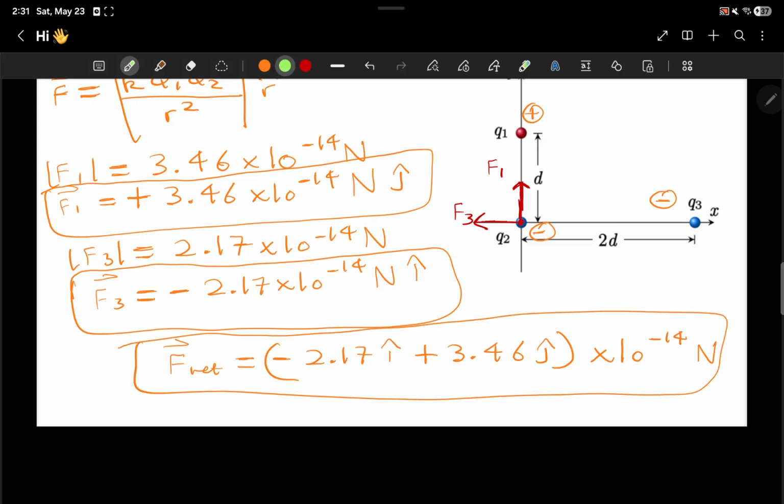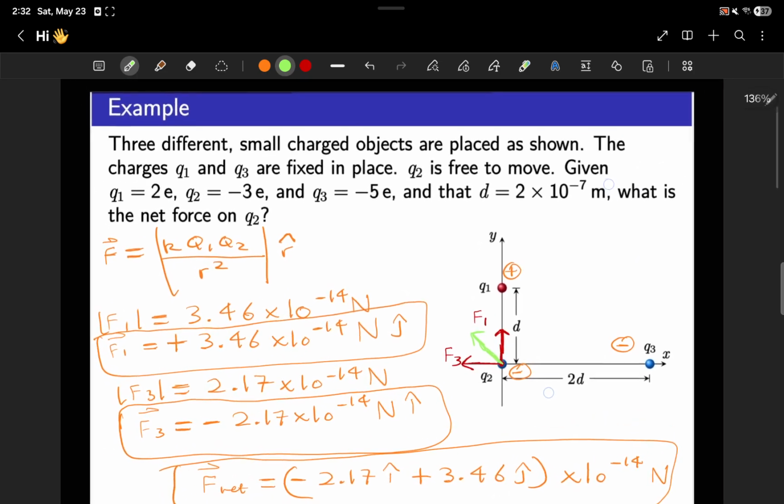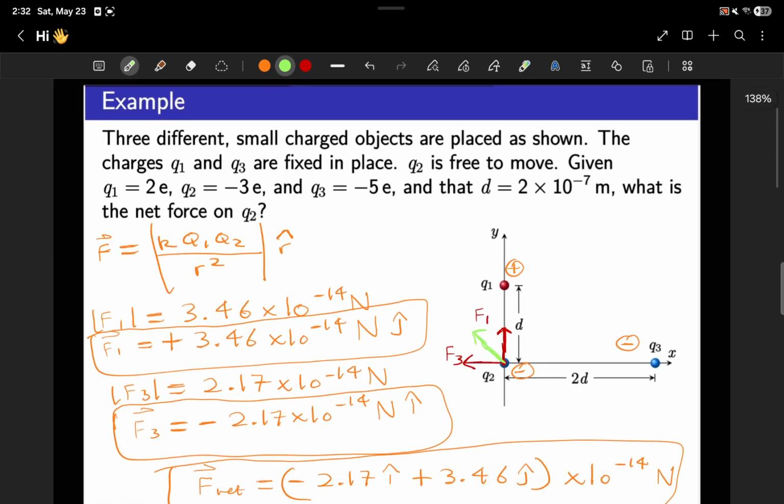So basically, what we're saying is that the net force on charge 2 is pointed in this direction, with F3 and F1 as X and Y components. I hope this helps.